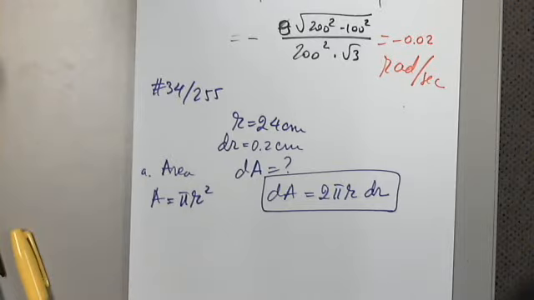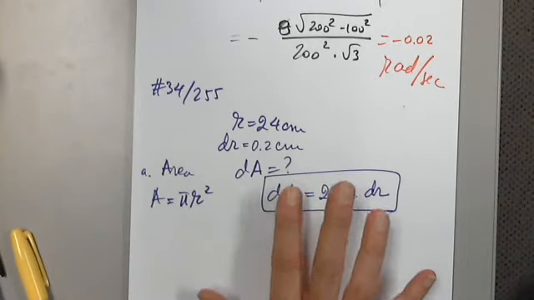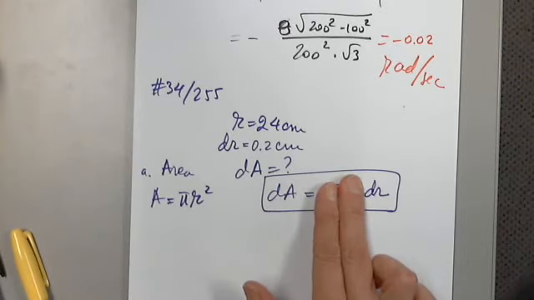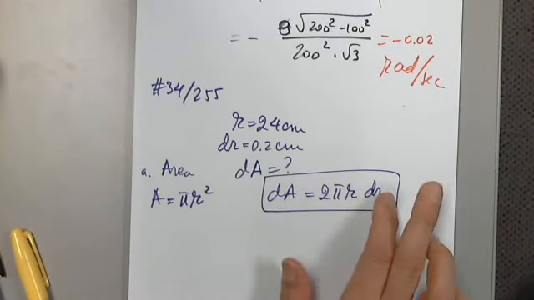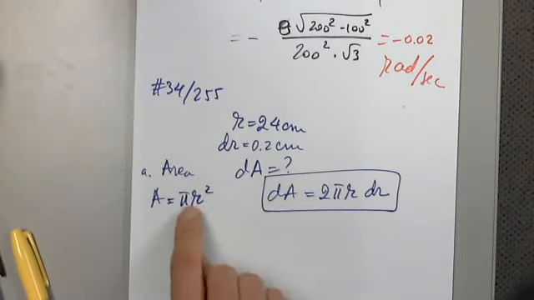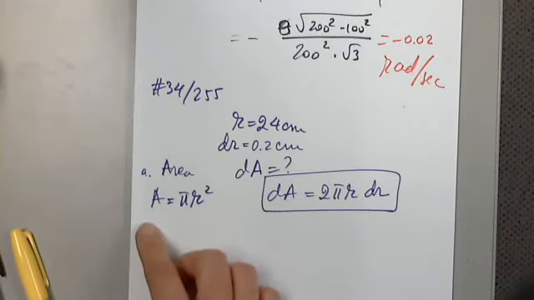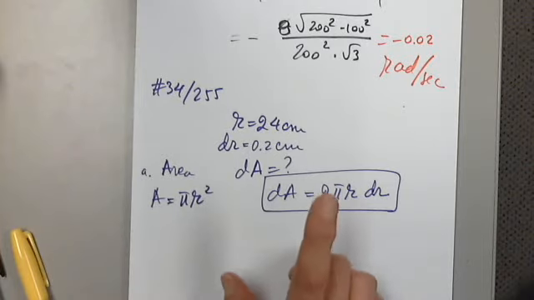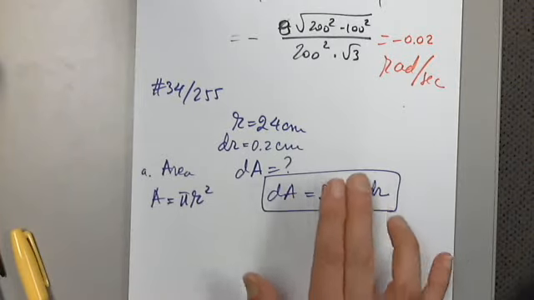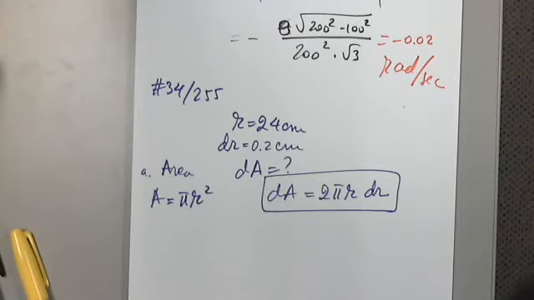The differential is f prime of x dx. So dA is A prime dr, because A depends only on r. So this is like a function of x. So the differential of A is A prime times dr.